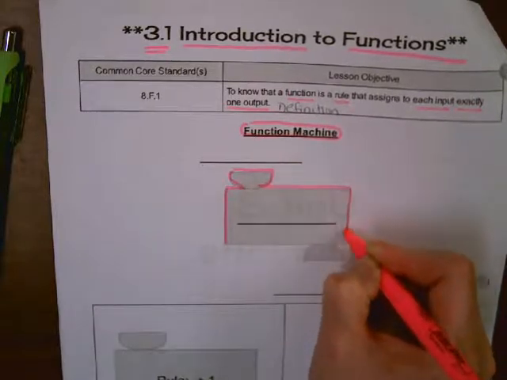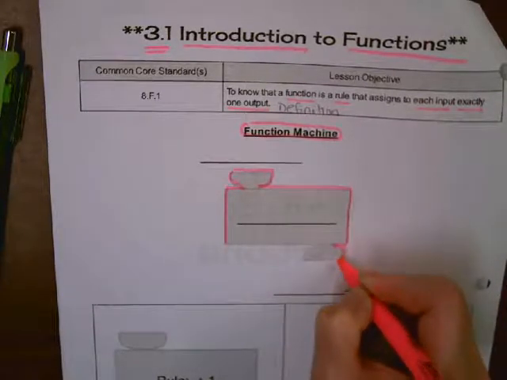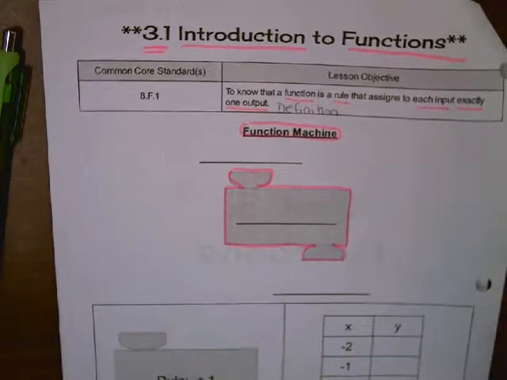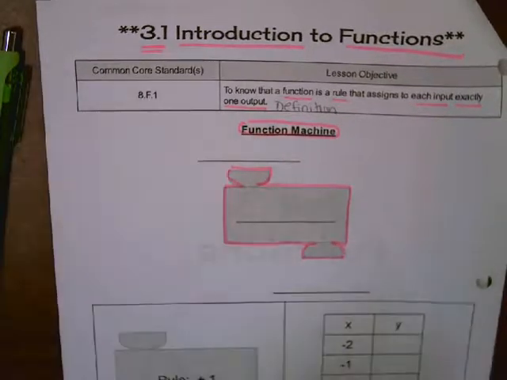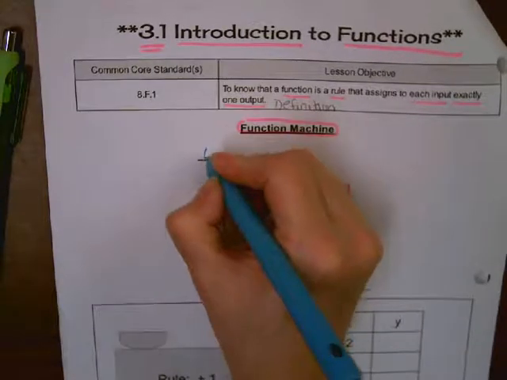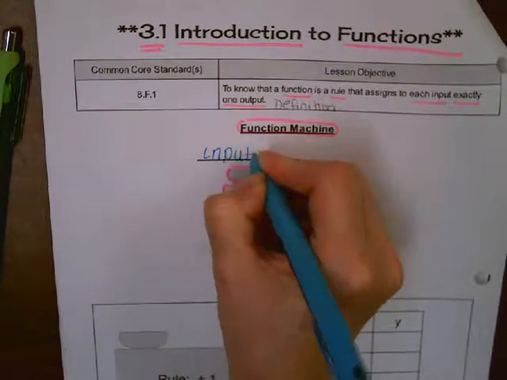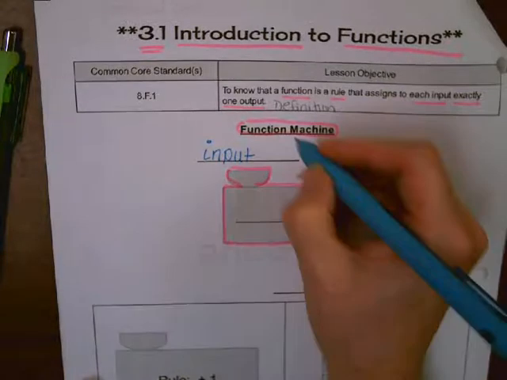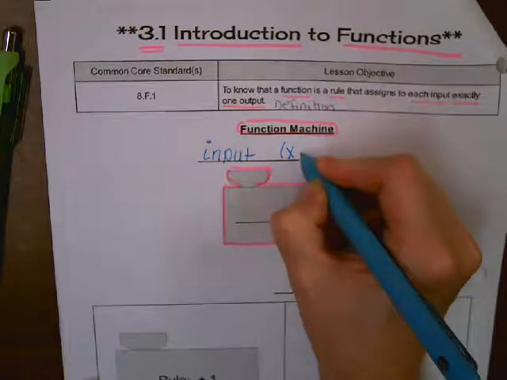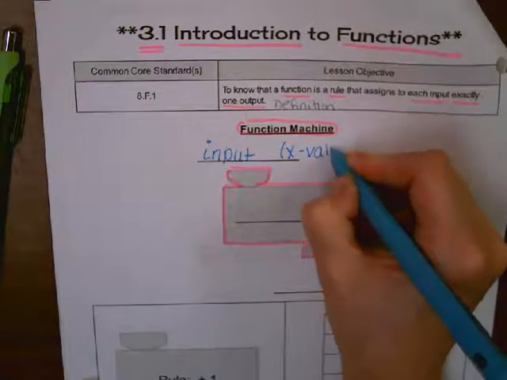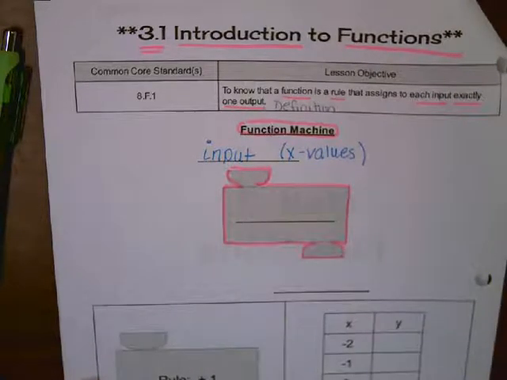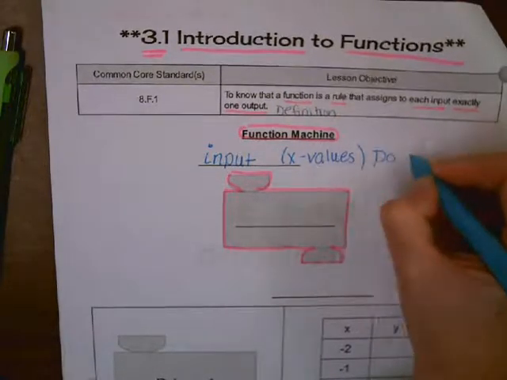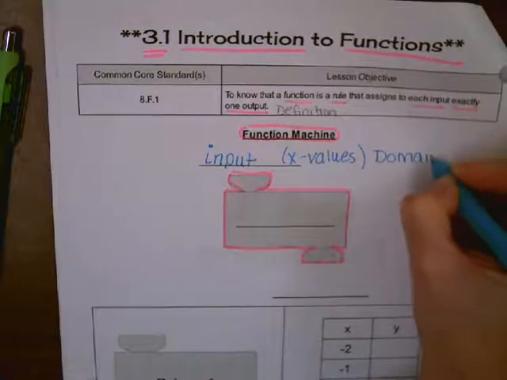Here's our little function machine. You have an input. The input is also any of your x values. It's also called a domain.